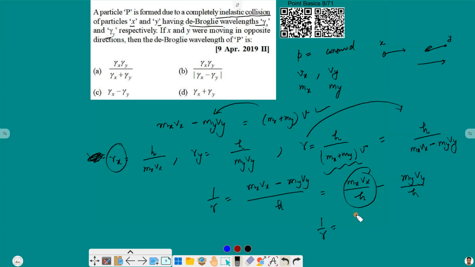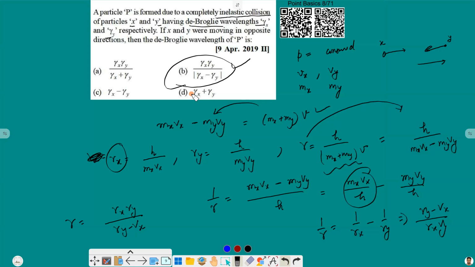So 1 by gamma is equal to 1 by gamma x minus 1 by gamma y, and from this it becomes gamma y minus gamma x by gamma x gamma y. From that, gamma is equal to gamma x gamma y divided by gamma y minus gamma x, or depending on which direction we are moving finally, it can be either gamma x minus gamma y. That's why we have the modulus in option B. So option B will be the right answer here.